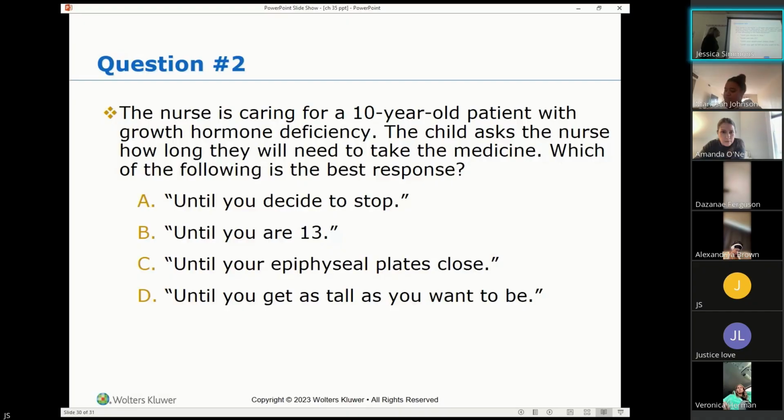So the nurse is caring for a 10-year-old patient with growth hormone deficiency. The child asks the nurse how long they will need to take the medicine. Which of the following is the best response? So we talked about this last week. It's all about the epiphyses, right?